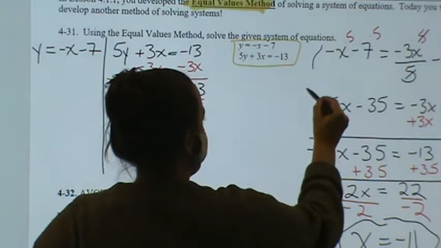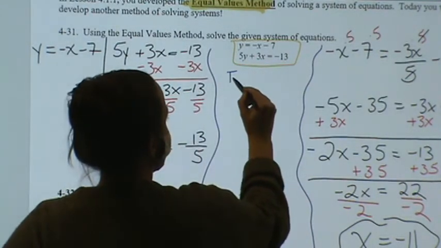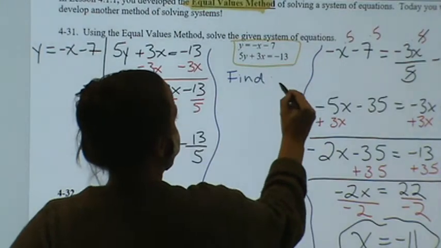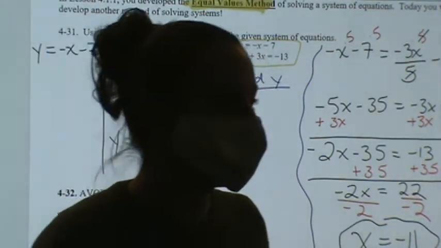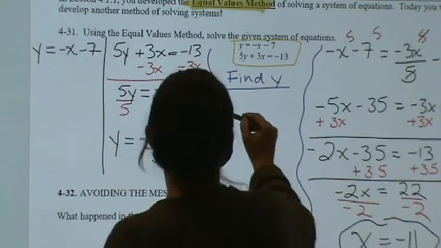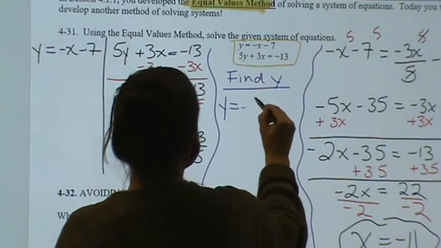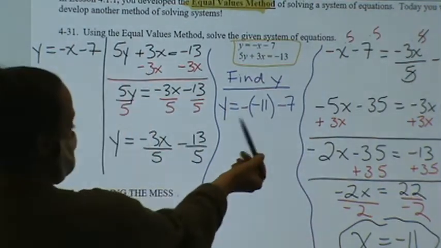Now I'm going to put this in the middle here, just so we can see it. You have the choice to find y. Please be easy on yourself. Don't make it harder than it has to be. Put it into the first one. I need y equals negative x minus 7. Be careful, that's a negative and a negative.